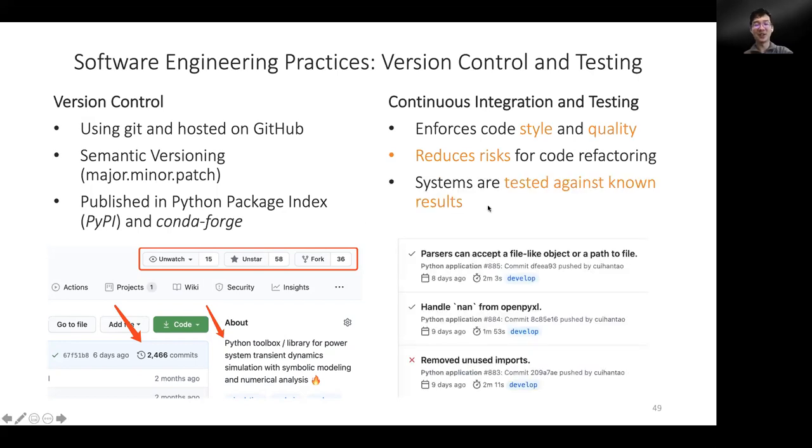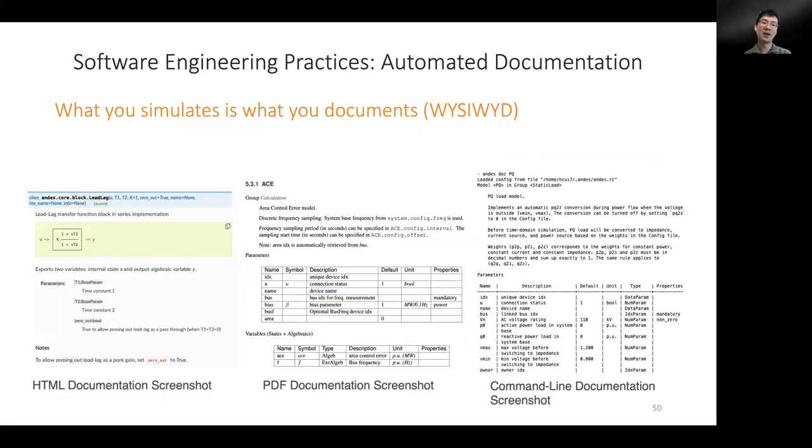So power system test cases are tested against known results upon each code push. As we can tell from the screenshot, the ticks or the crosses indicate whether that test passed or not.